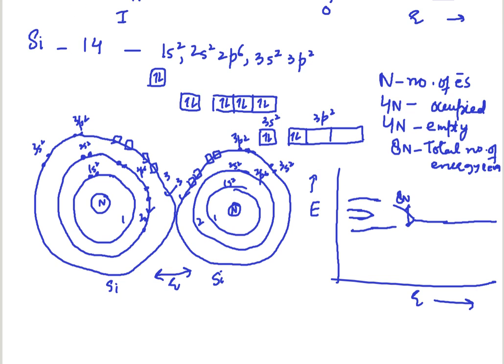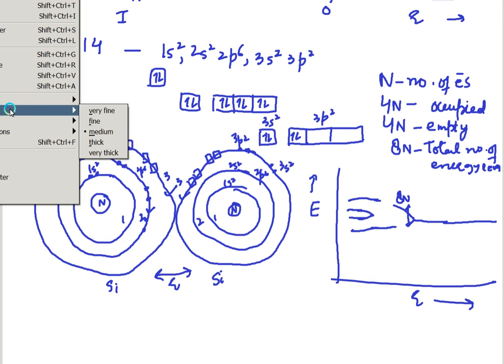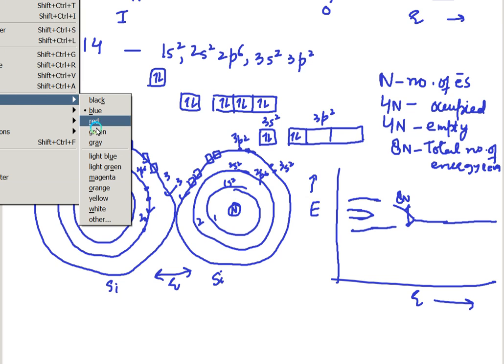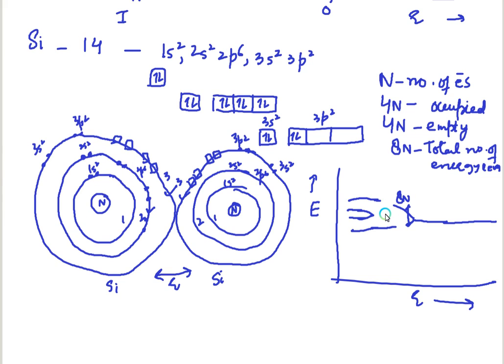I'll use green so that you can see. Here 1, 2, 3, 4, 5, 6, 7 and 8. Further interacting, I told you that they'll separate: 1, 2, 3 and 4, and here 1, 2, 3 and 4. Okay?